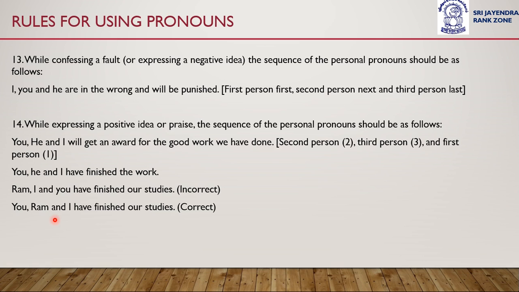Alright, so you can see the difference over here. Whenever we are confessing a fault or a negative idea, we go from first person, second person, and then to the third person. But when we are expressing a positive idea or praise, we move from second person, third person, and the first person comes in the last. Alright.